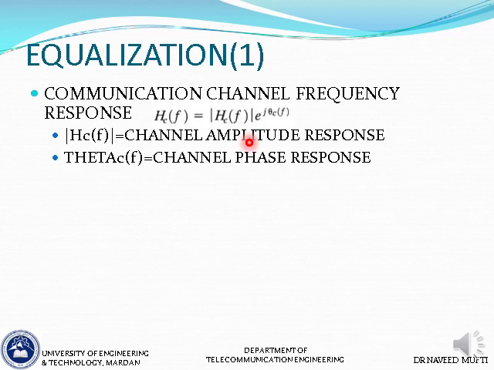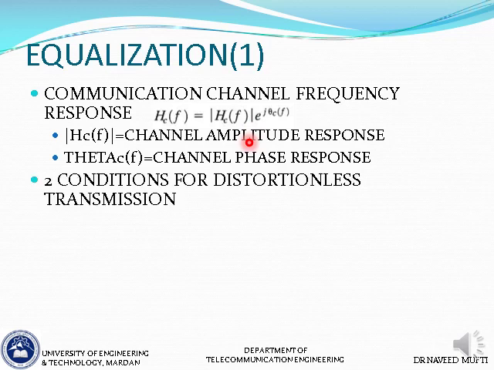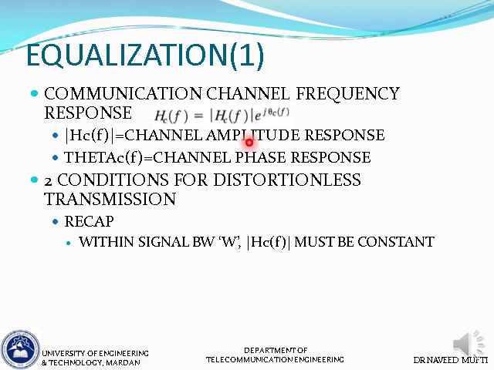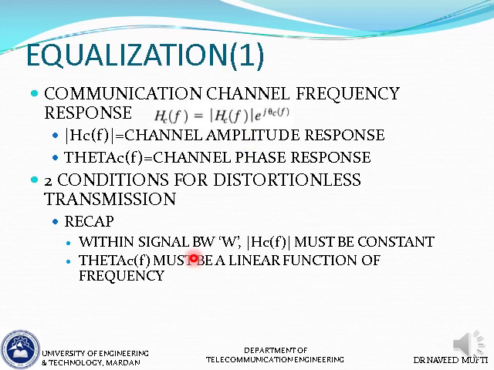And we have studied equalization previously in communication systems, and in order to achieve ideal transmission characteristics over a channel without distortion, we studied that within a signal's bandwidth, the amplitude response must be constant, and the second condition is that theta c(f) must be a linear function of frequency.